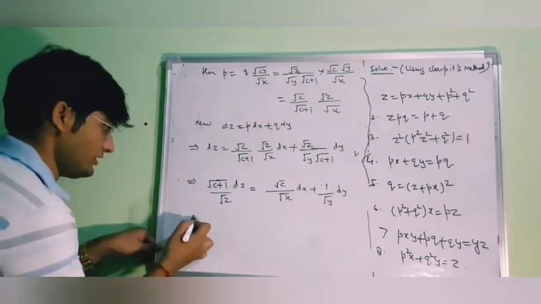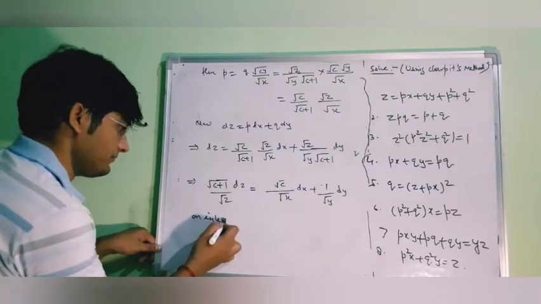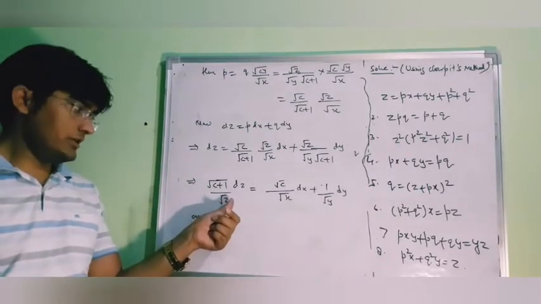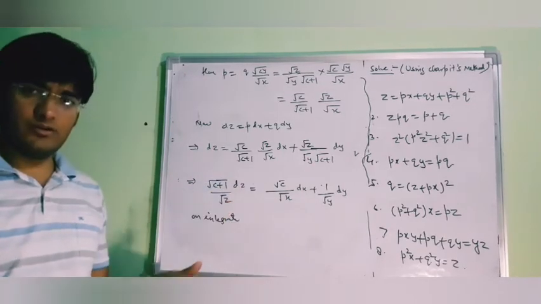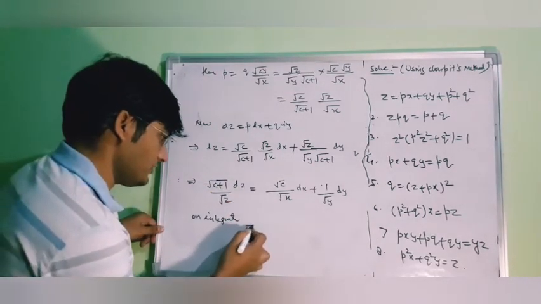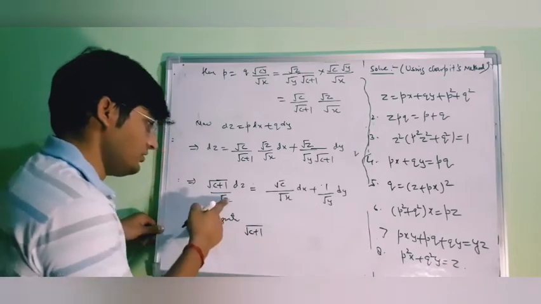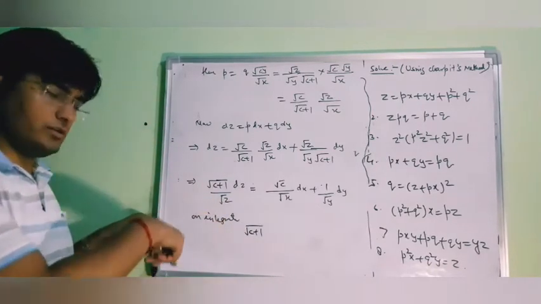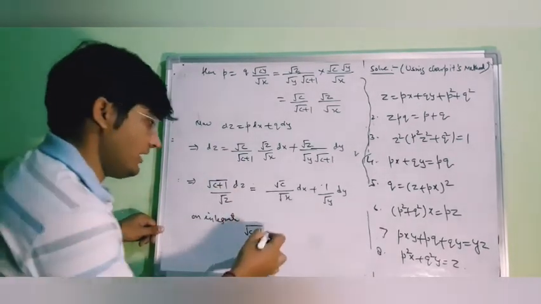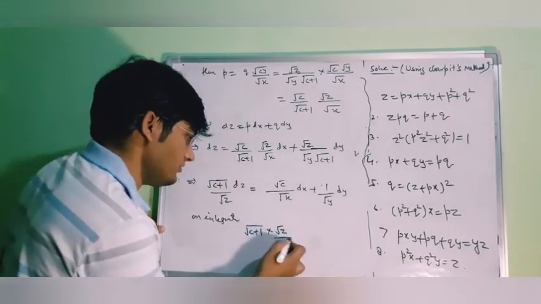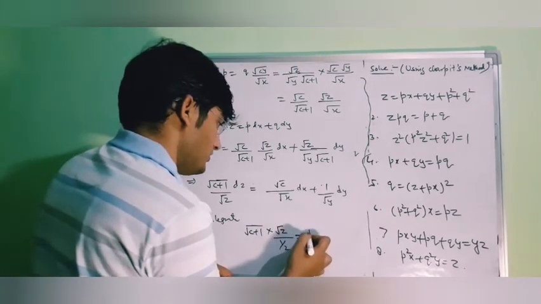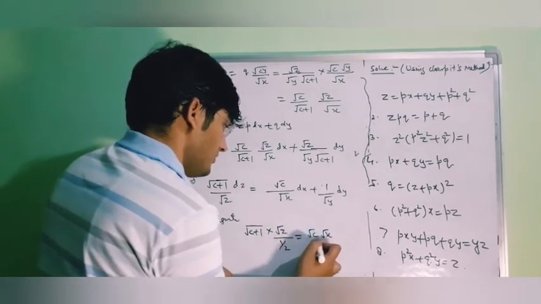So on integration, you know that integration of z to the power minus half will be z to the power half upon half. So here the integration of the first term, you can take this root z in the numerator, then this will be your z to the power minus half, and its integration will be root z upon half. And on the right hand side, again we will have a root c into root x upon half.